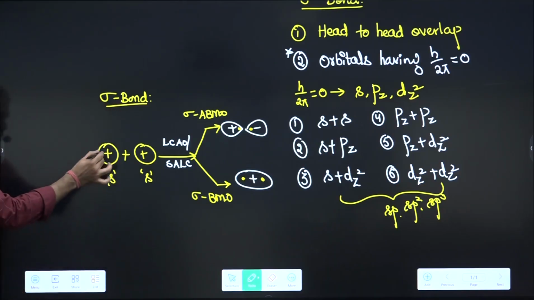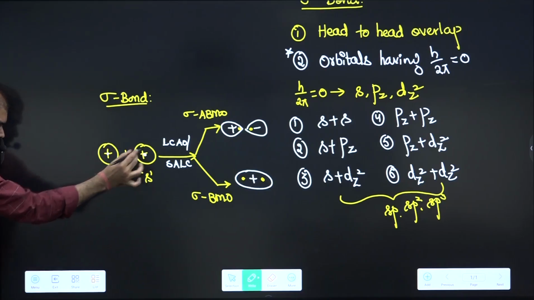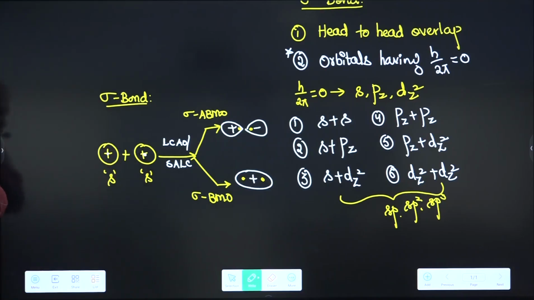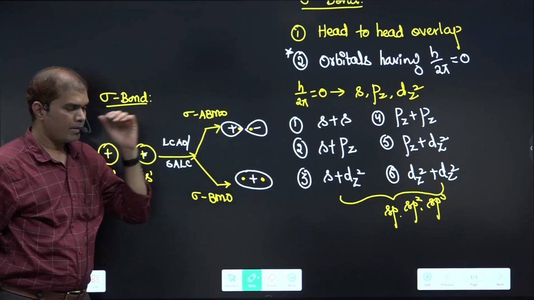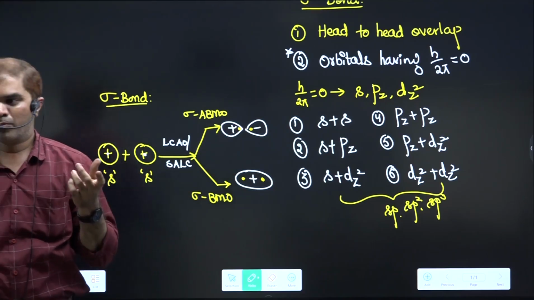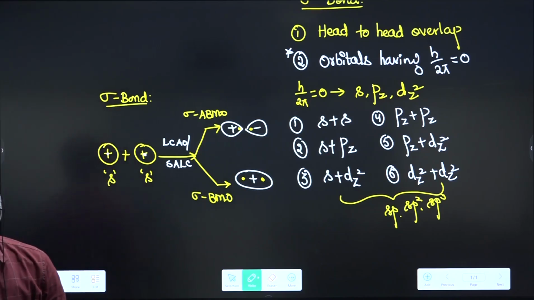So where are the nuclei present? They are present in the center. And these are the two nuclei. How is an antibonding molecular orbital different from a bonding molecular orbital?